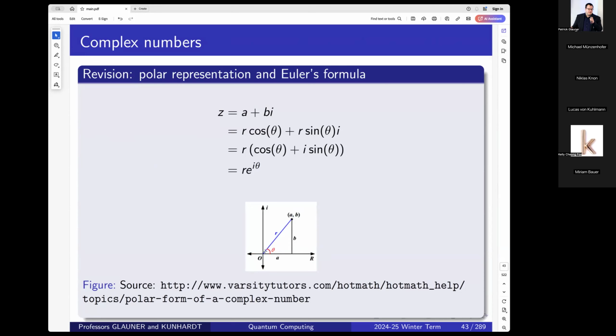And we've seen the length of this vector. And the length of this vector was just the modulus or the absolute value. Now, down here, you can put an angle between this vector and the real axis. And that angle is called theta.